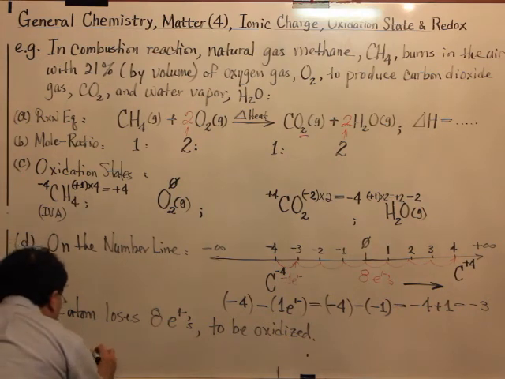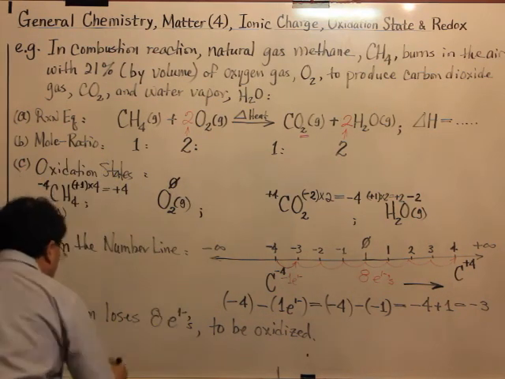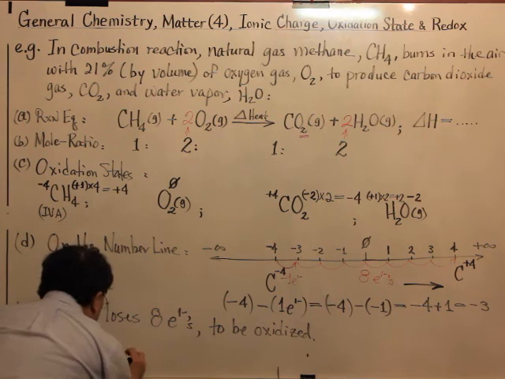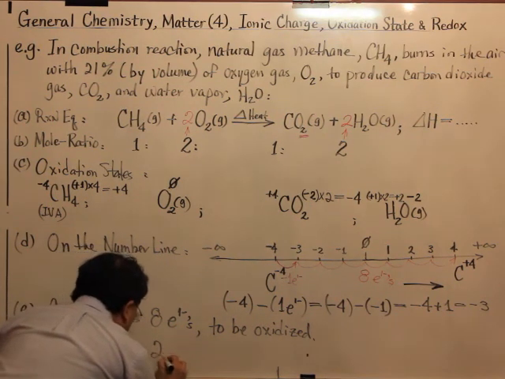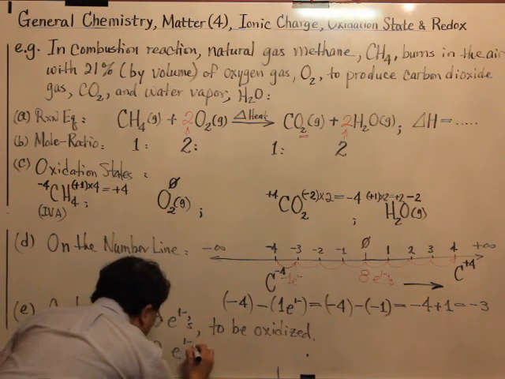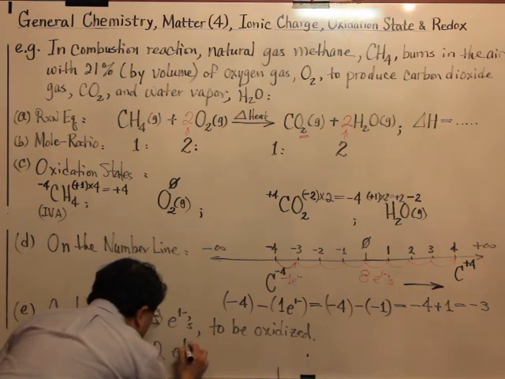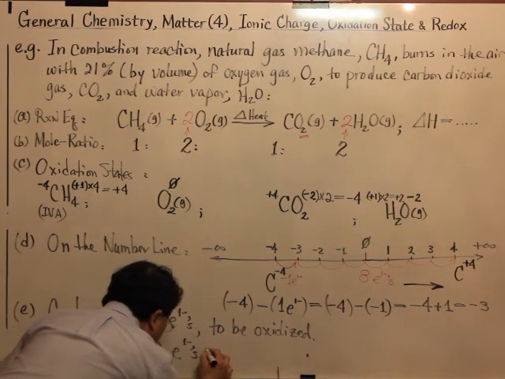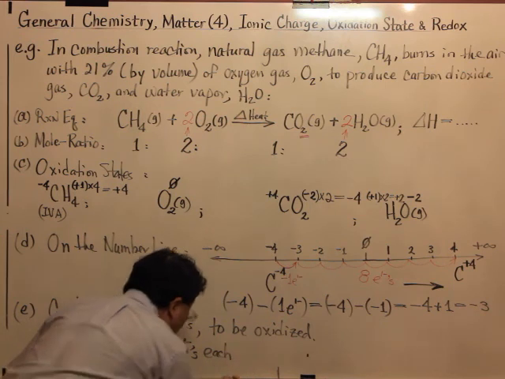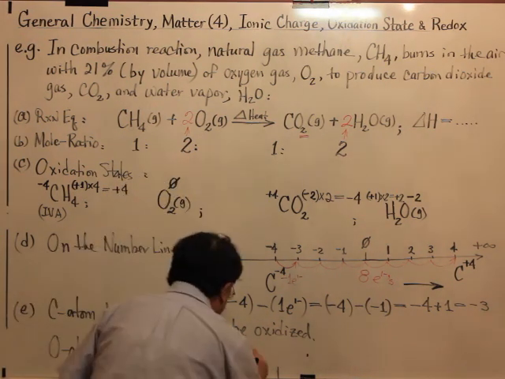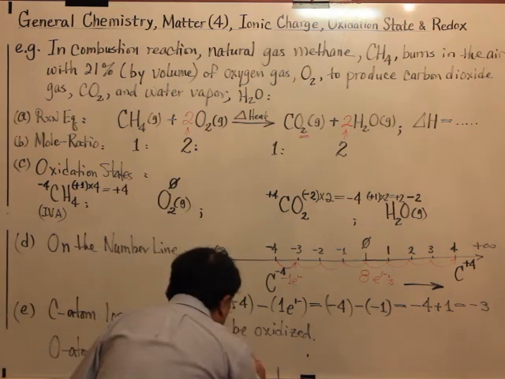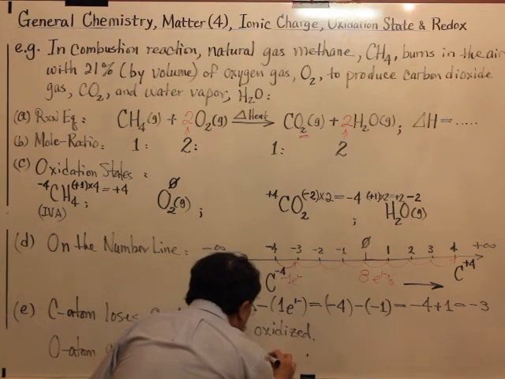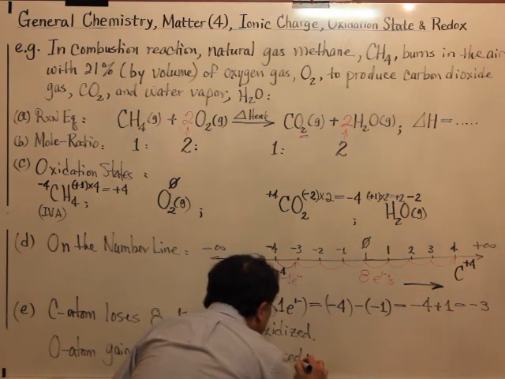And then the oxygen atom starts from the gas, gains 2 electrons each from the carbon, to be reduced.